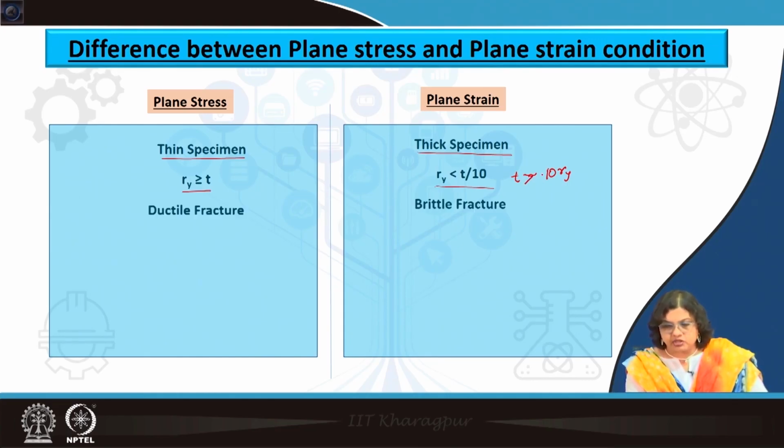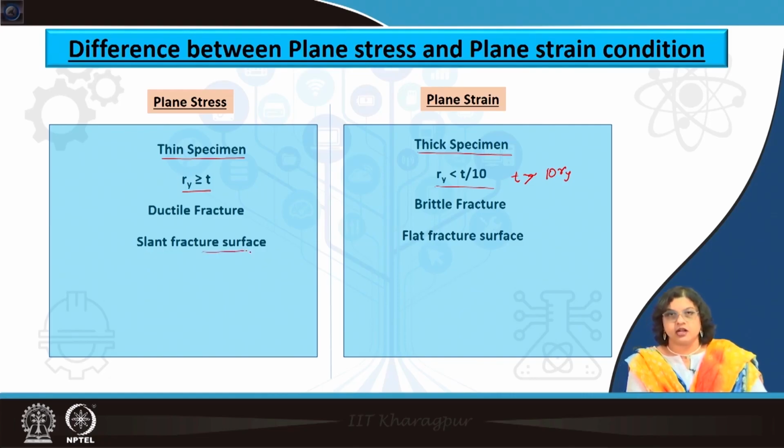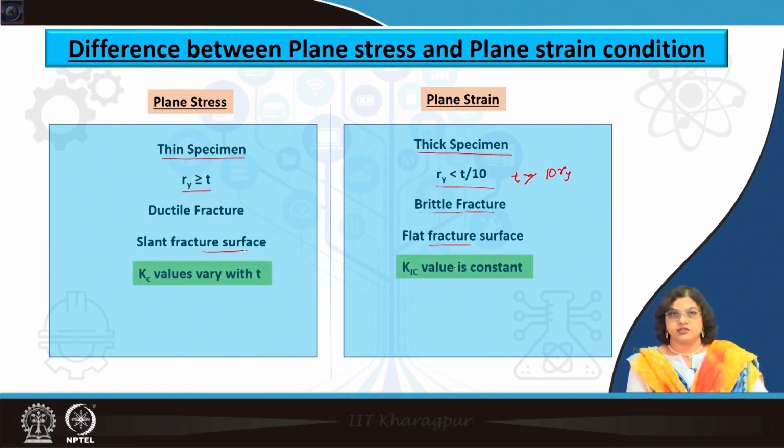And as I mentioned, the plane stress will lead to a ductile fracture, and that will have a slant fracture surface, because typically any kind of ductile deformation will occur along the 45-degree shear plane, and that leads to a slant fracture surface. On the other hand, plane strain is giving us a brittle fracture, and that obviously is related to a flat fracture surface.